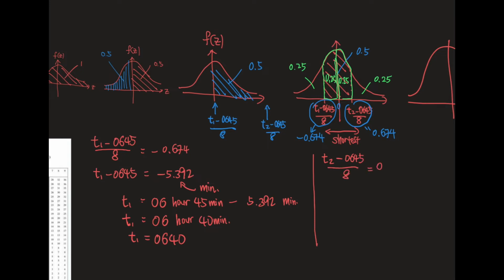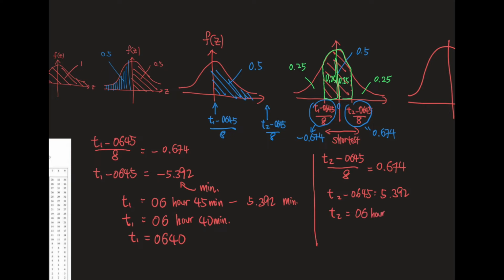Now T2. Let's find out T2. We take the fraction T2 minus 0645 over 8, equals 0.674. So T2 minus 0645, we have to times 8 now. 0.674 times 8, so we get 5.392. That means we have to plus 5 minutes.